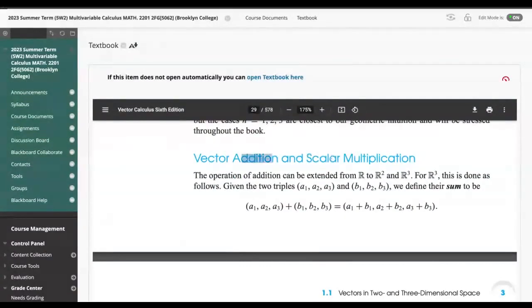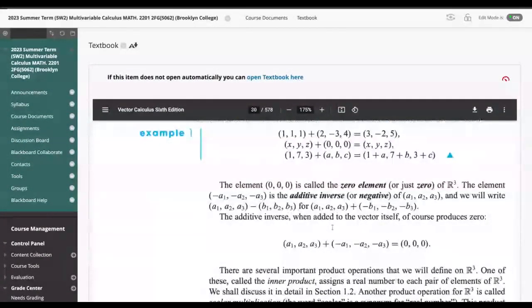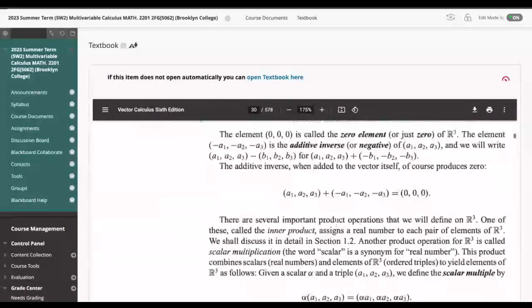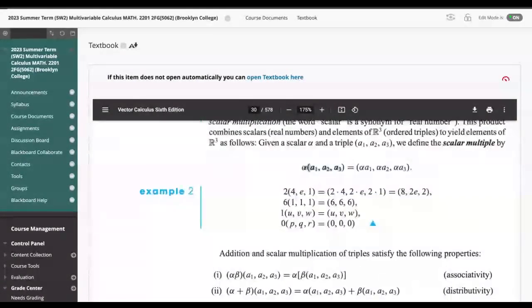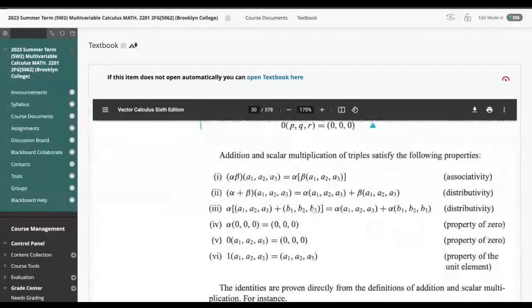We do addition, scalar multiplication, and of course subtraction, right? If we multiply 2 numbers, we can switch those 2 numbers. Alpha is a number, beta is a number, and A1, A2, A3 is a vector. We can multiply alpha first to A1, A2, A3, or we can multiply beta to A1, A2, A3 first.